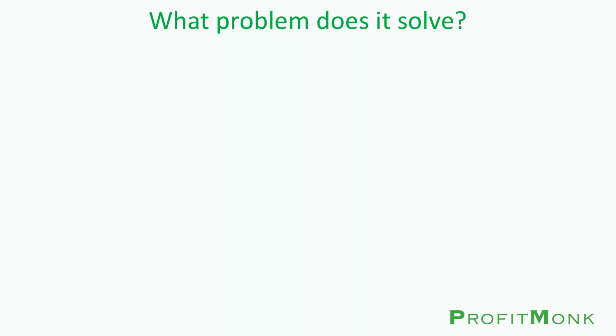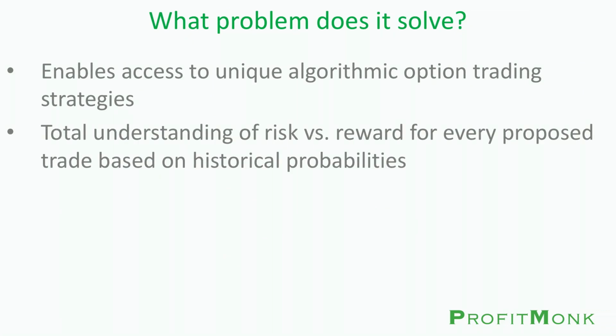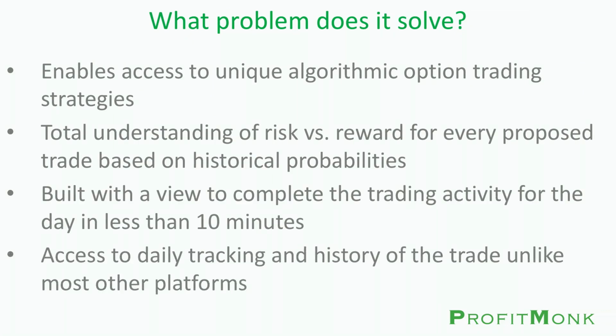So what problems does it solve for us as option traders? It enables access to unique algorithmic option trading strategies. Typically hedge funds use them all the time, and they do it automated, by the way. Even some of my personal trades are automated because I don't spend a lot of time trading. I spend a lot of time coding. I do all of my trading in an automated fashion. I don't want you to take that risk or do all that stuff because you need to have lots of checks and balances there.